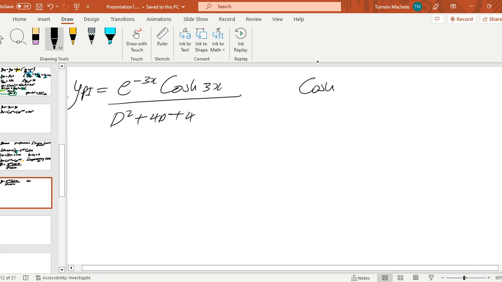So cos ax, you're going to get this from the hyperbolic equations in your formula sheet. Just know that cos ax, you're going to have to change it to e to the ax plus e to the minus ax over 2.